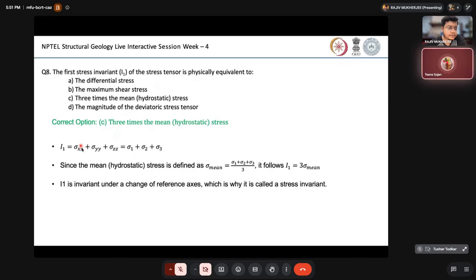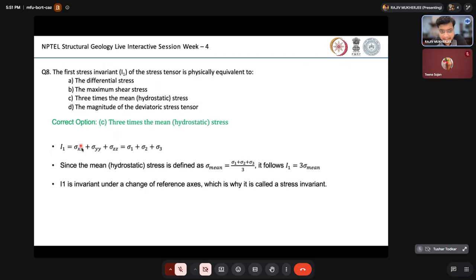Differential stress is a scalar quantity and deviatoric stress is a tensor quantity. Mm, not essentially, because both of them are essentially tensors. Right?